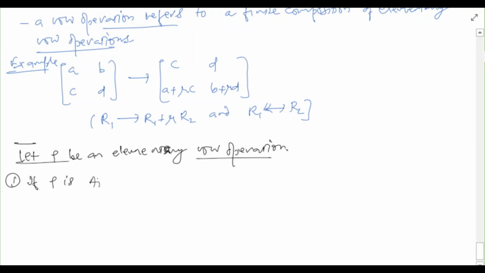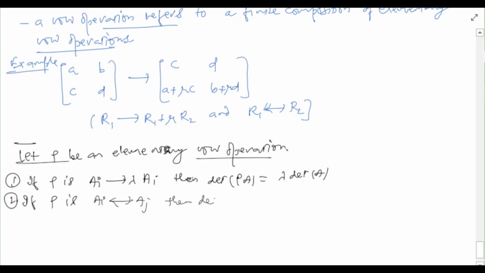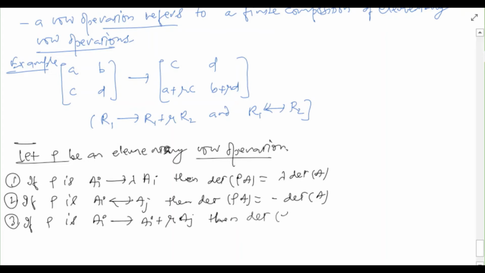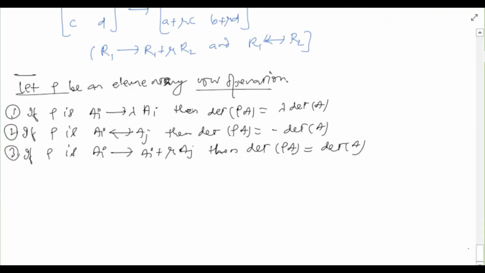If rho is A_i going to lambda A_i, then determinant of rho A will be lambda times determinant of A. If rho is interchange of two rows, then determinant of rho A is negative of determinant of A. On the other hand, if rho is A_i going to A_i plus mu A_j, then determinant of rho A is same as determinant of A. So from these we can infer that determinant of rho A is non-zero if and only if determinant of A is non-zero.